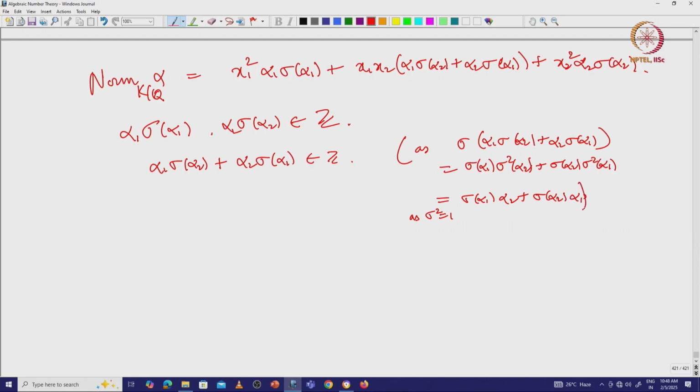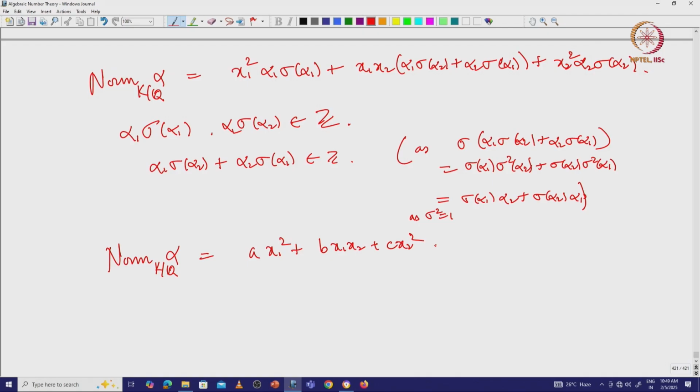So, sigma fixes this element, which means it has to be in the field of rational numbers, but it is also an algebraic integer. So, it has to be an integer, right. Okay, so, the norm of alpha from k to q is some a x1 squared plus b x1 x2 plus c x2 squared.